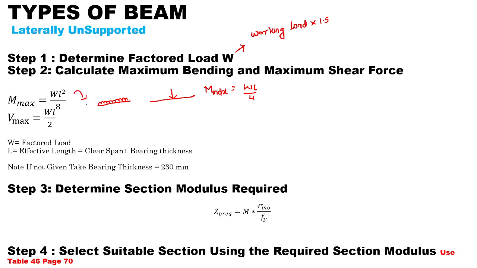And similarly, for shear force, the maximum shear force due to UDL load is WL by 2, and due to point load, it should be W by 2.